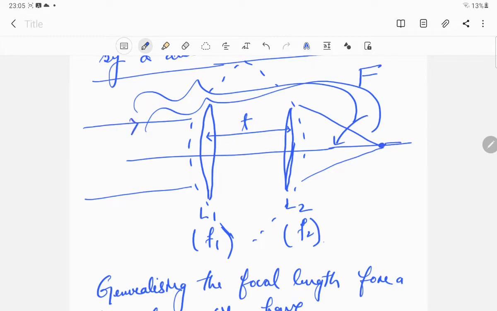Irrespective of the wavelength of the light coming from the object, the focal length should be a single one. It should not vary with respect to lambda. All the colored waves should focus at the same point. That is the concept of achromatism. That means the focal length cannot vary with respect to lambda.